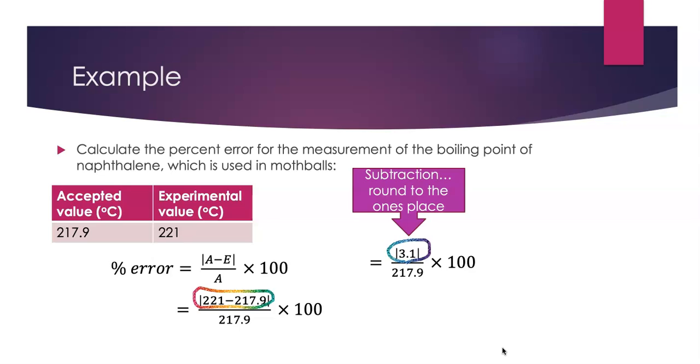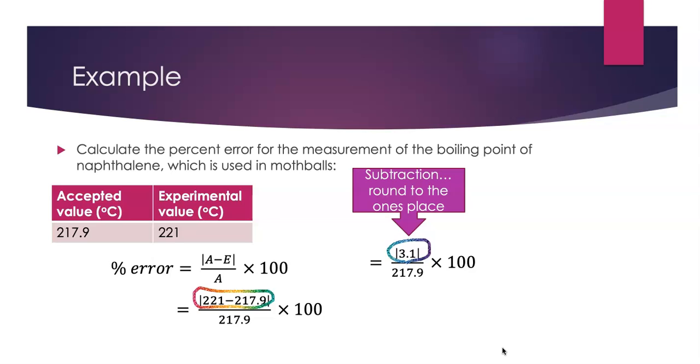I have to round that difference to the ones place. So I wrote down 3.1, but I have to remember that I really only know it to the ones place, so it's 3. But I don't want to put that in yet because it might distort my answer. So I'm going to leave it as 3.1, but I know I really only know it to the ones place, which means I really only have one sig fig there.